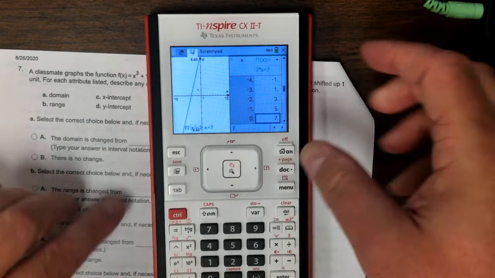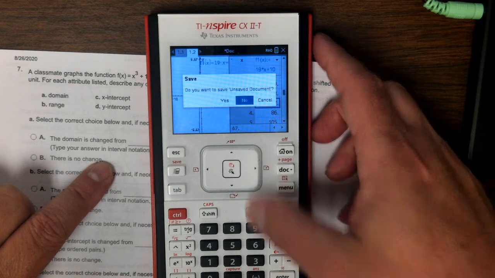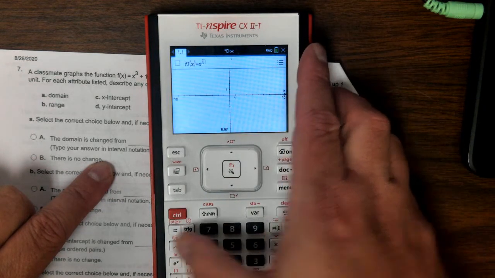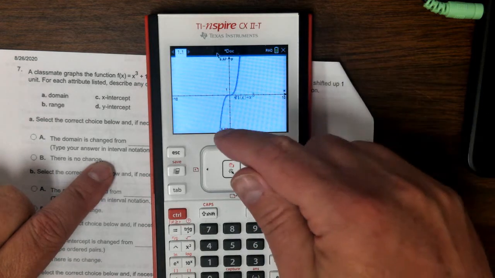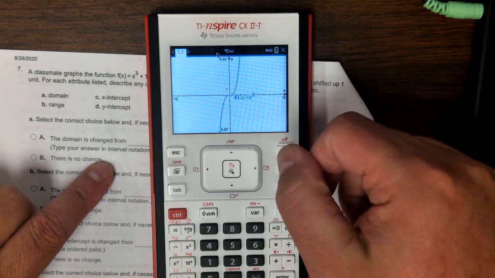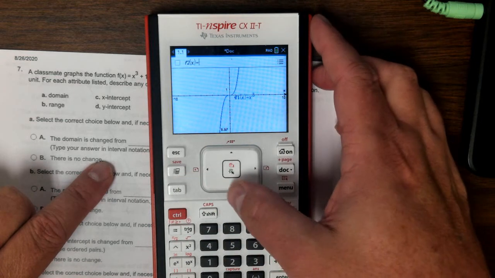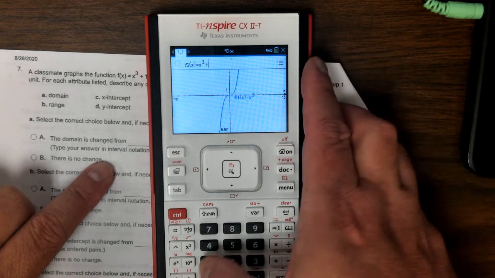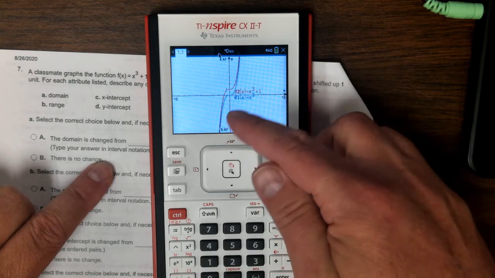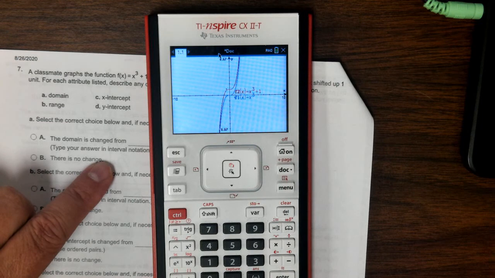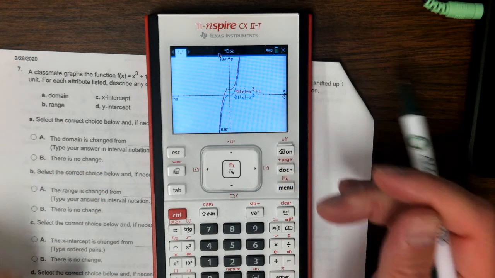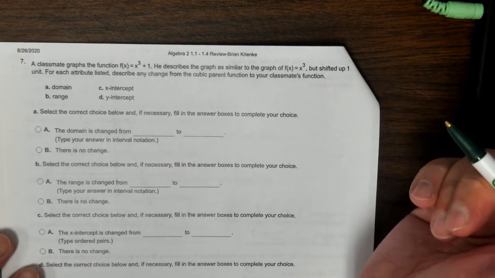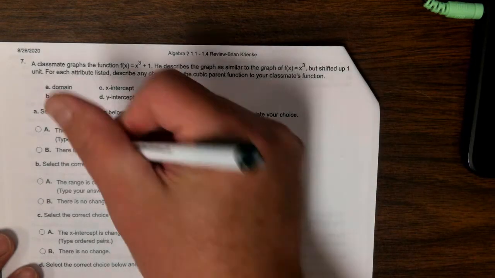Okay, so let's graph the original. x^3 looks like that, and x^3 plus 1 is just moved up 1. Okay, so there's no change to the domain, so it's still negative infinity to infinity, so you just put no change.